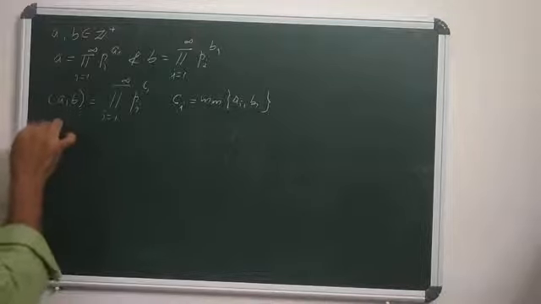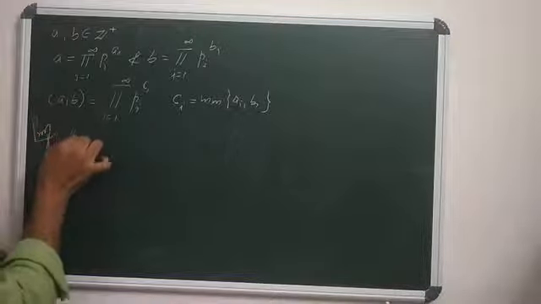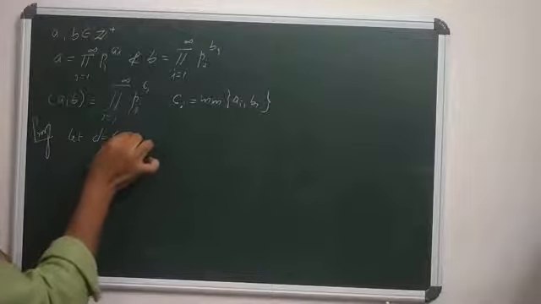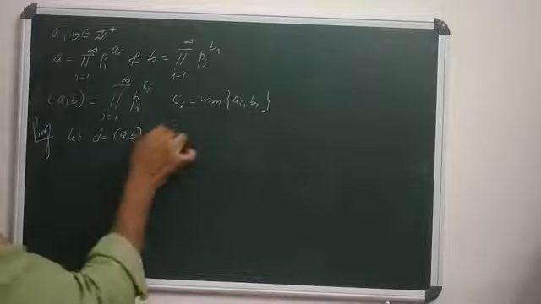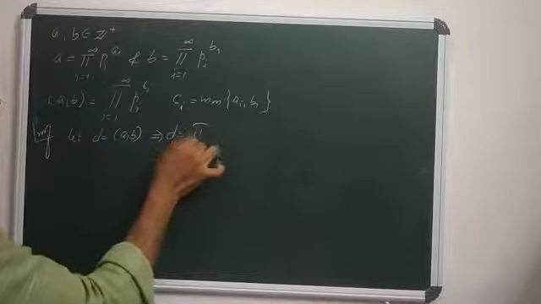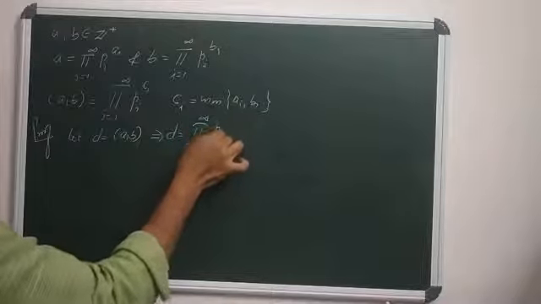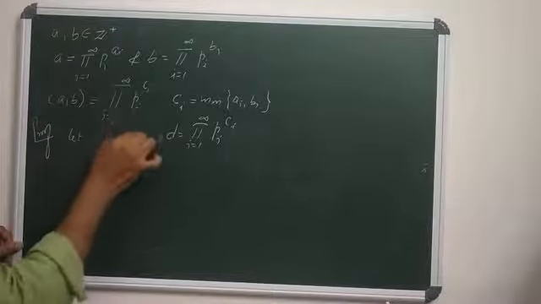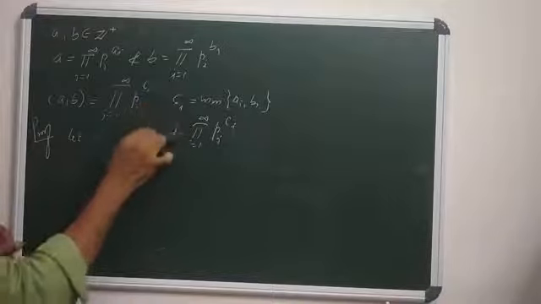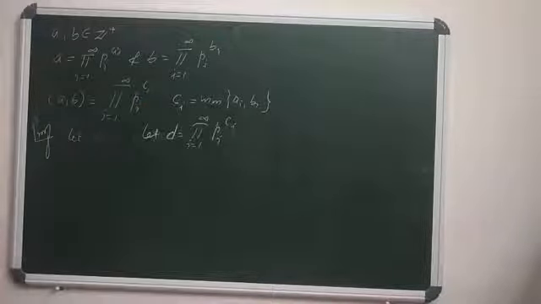Let d be the GCD of a and b. That means d equals the product, i ranges from 1 to infinity, of pi power ci, where ci is the minimum of the exponents ai and bi.